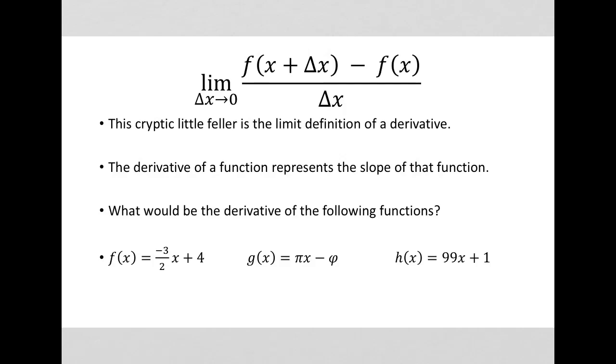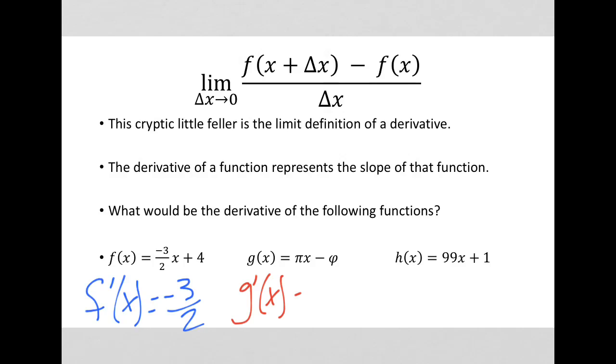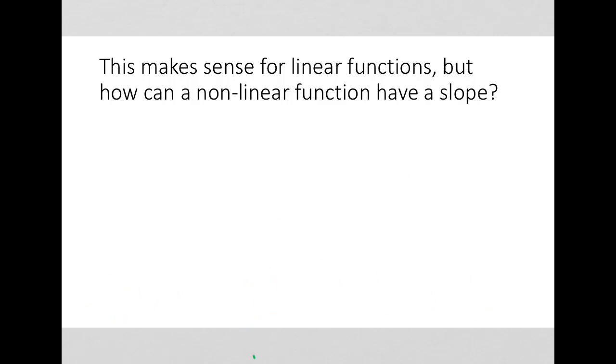So if we look at these three functions on the bottom, if I were to take the derivative of that first one, denoted f prime of x, that would just be negative 3 halves. The derivative of the second one, g prime of x, would be pi. And the derivative of the last one, h prime of x, would be 99.